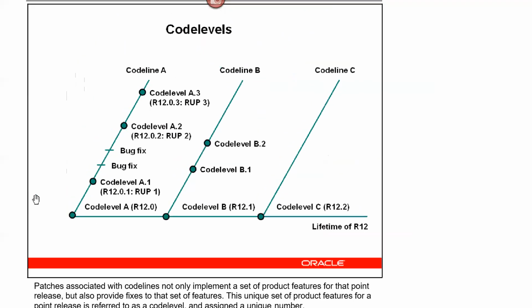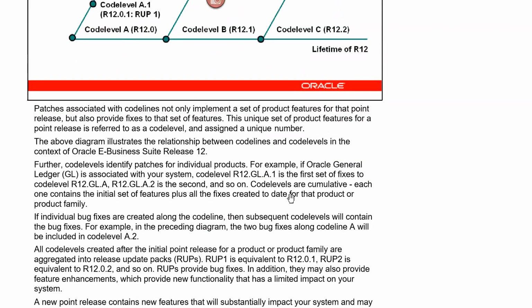Also, the patches: if you are in 12.0.6, for example, all the patch numbers will have code level A, like A.1, A.2, A.3. If you are in 12.1.3, when you download the patches, they will be like B.1, B.2, like that. This is the code line. And if it is code line C, if you are in 12.2, most of the patches will have C. So it is the code level C, just an indication.